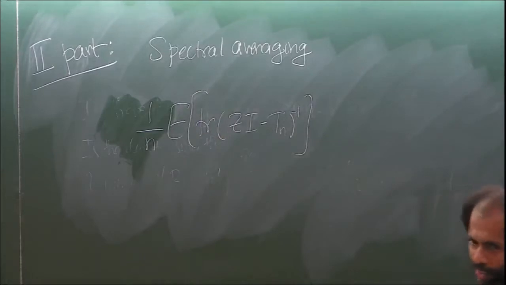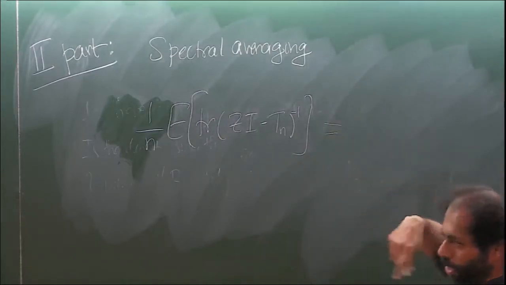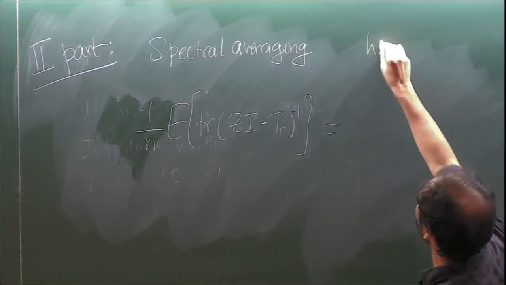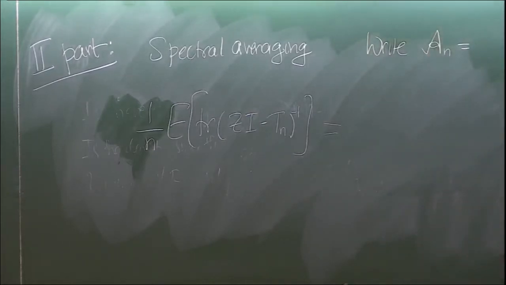Right? So this is the quantity we are interested in. Now, the trace can be evaluated in any basis. I was a bit loose in what I said there when the eigenvalues are independent.